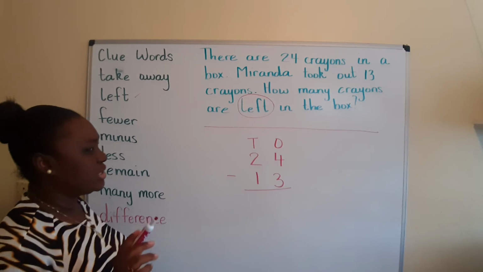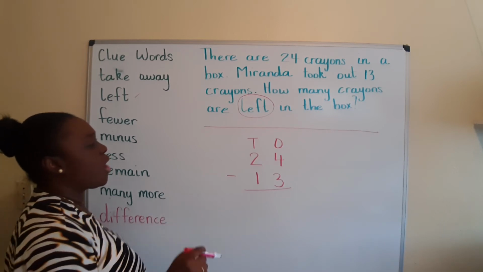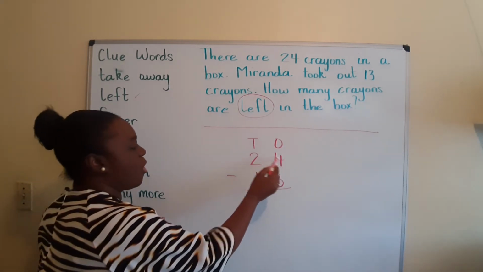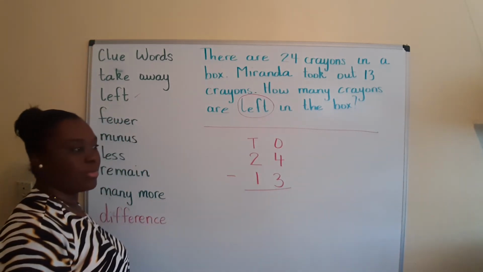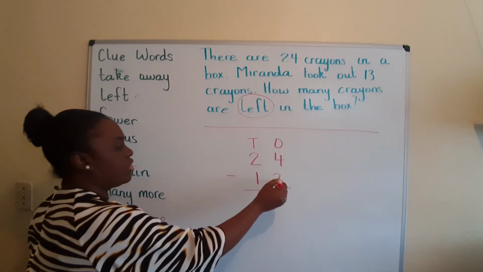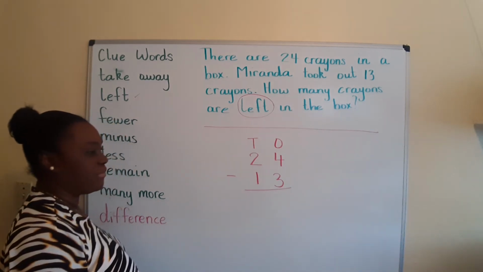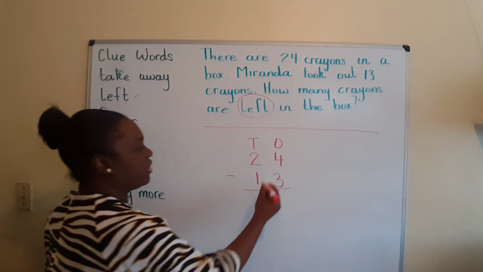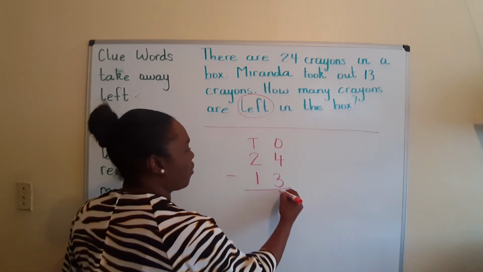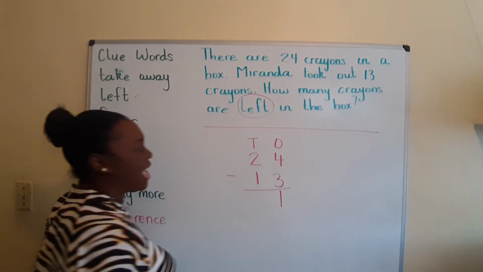And where do we start again? With the ones place. 4 take away 3. What is 4 take away 3? 4 take away 3 leaves us with 1.